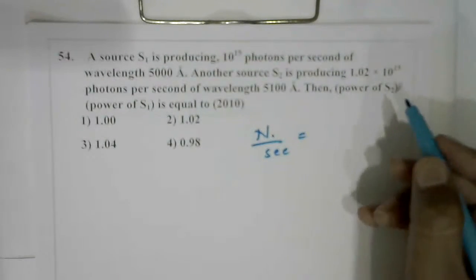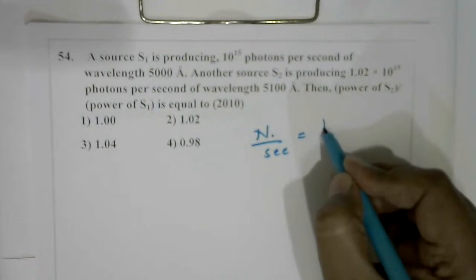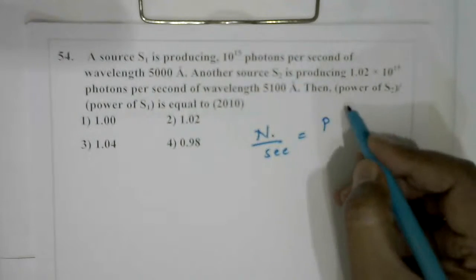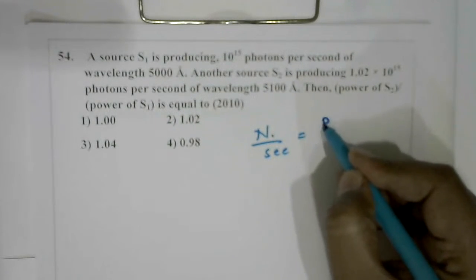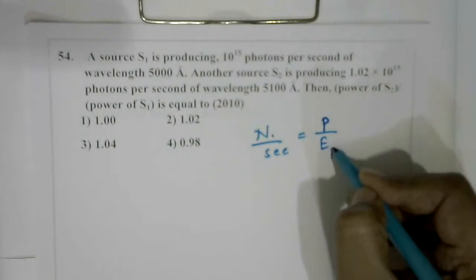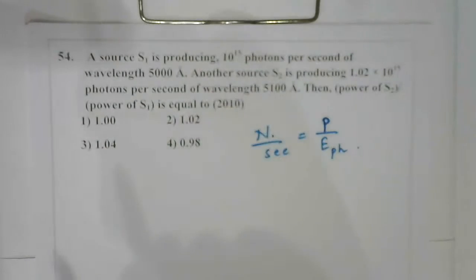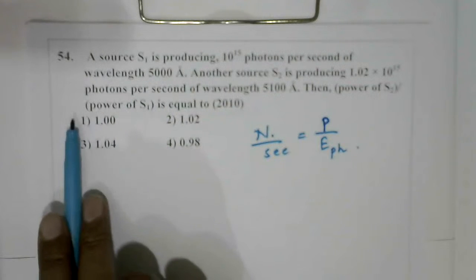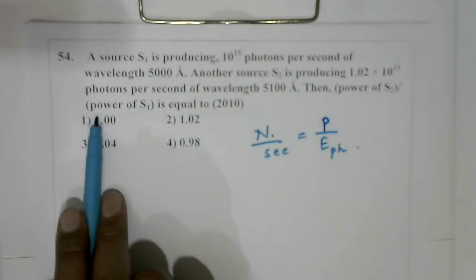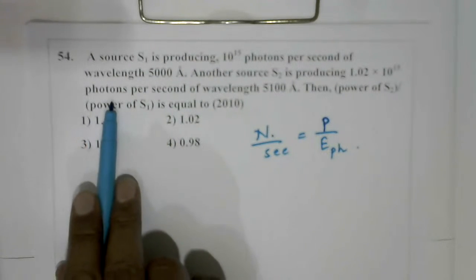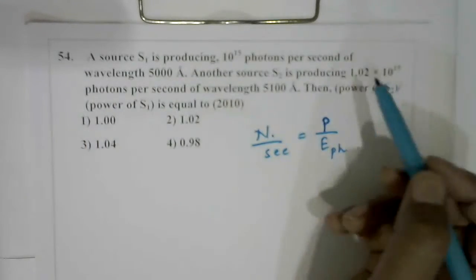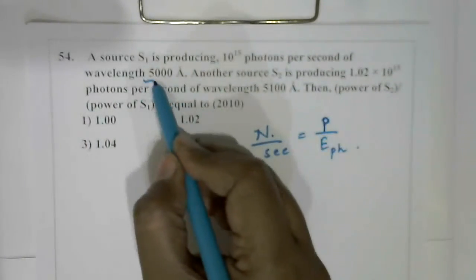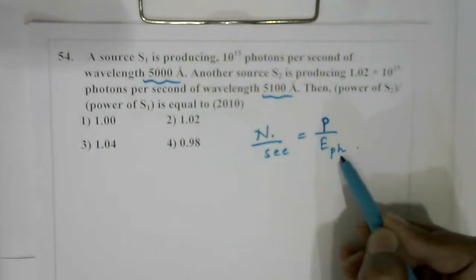We had the formula as the power divided by energy of each photon. Wavelengths are given to you.